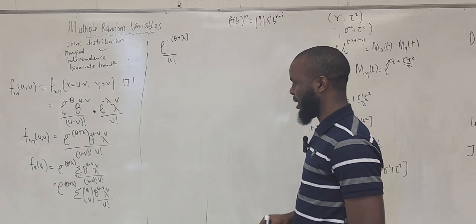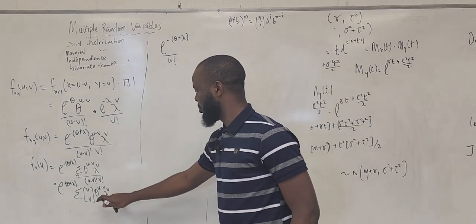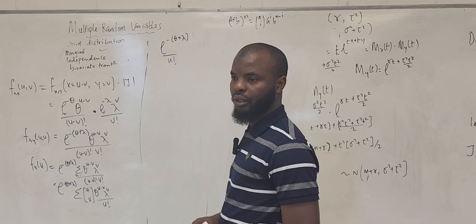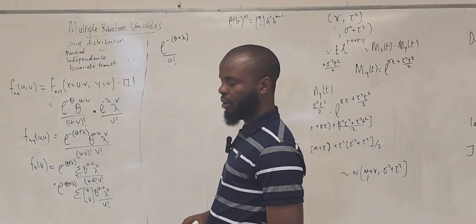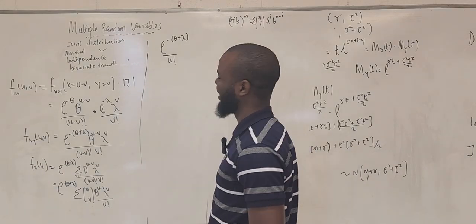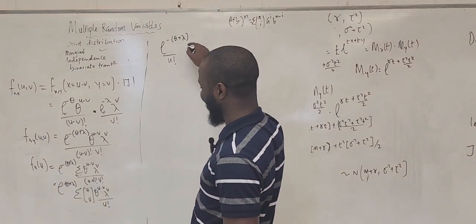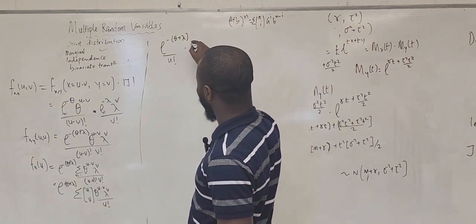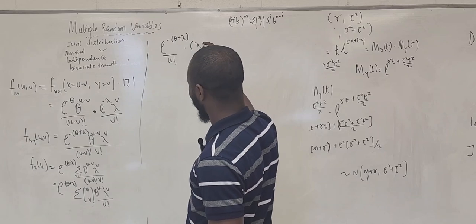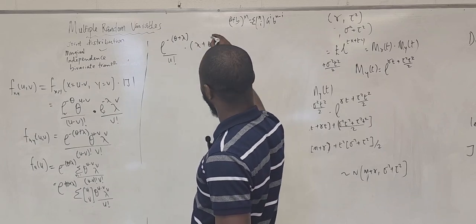I think we have that now, right? So this is going to be my a, this is going to be my b. So here we have lambda plus theta to the power of u.